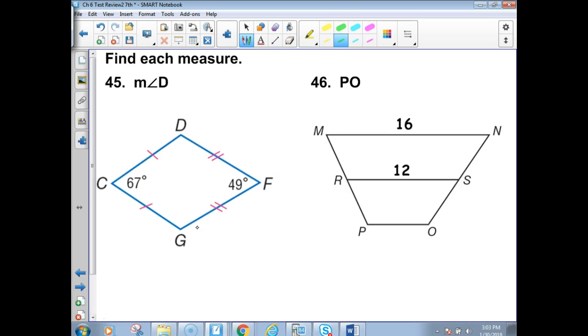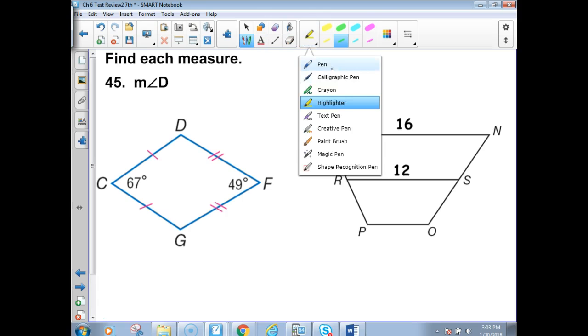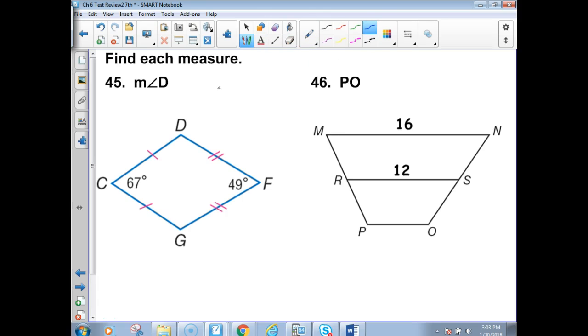45, find each measure, find angle D. Well, this is showing that this is a kite, or you might just remember, a four-sided figure's angles add up to 360. And the way we learned or found the angle measures was 180 times the number of sides minus 2.